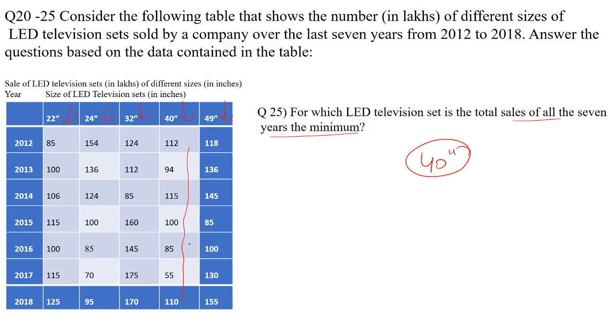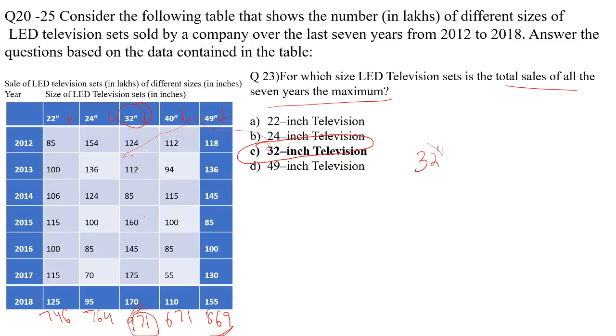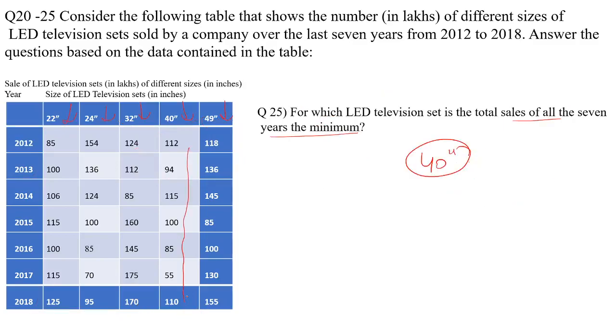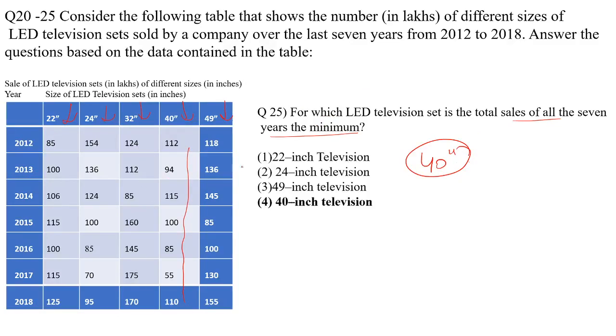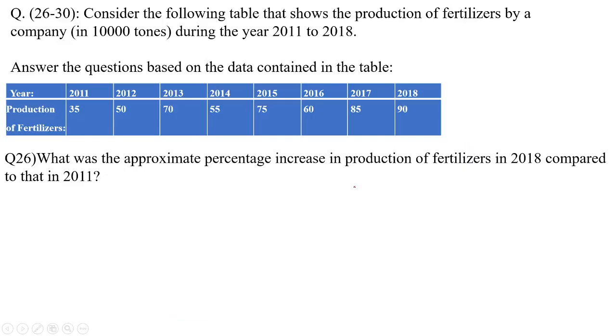Otherwise, as I have discussed, add all these values and you can see here 671 is the least, right? So you can check the answer, 40 inches is correct.